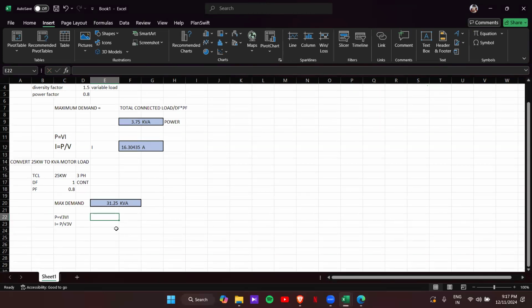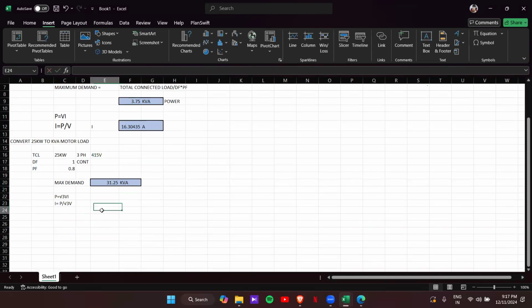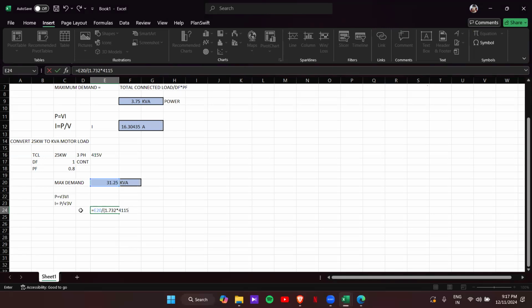We have the parameters, and for three-phase connection, the voltage will be 450 volt. Now, coming to the equation, I is equal to P, where P is 31.25, divided by root 3. Root 3, I'll write as 1.732, into voltage 450, close the bracket.